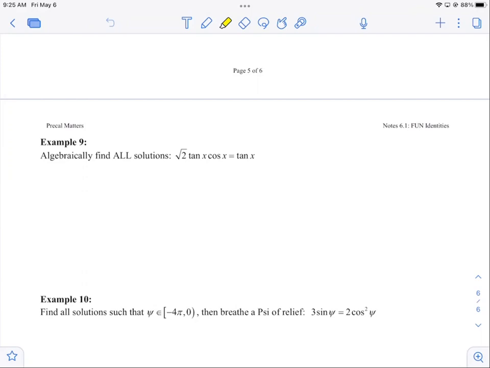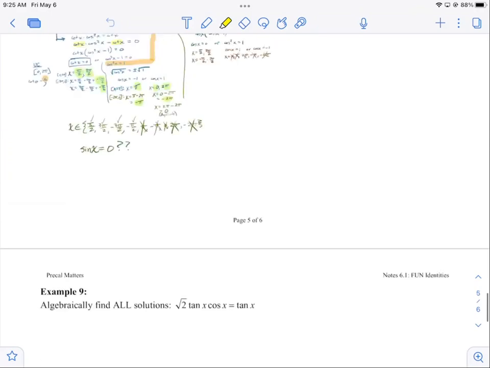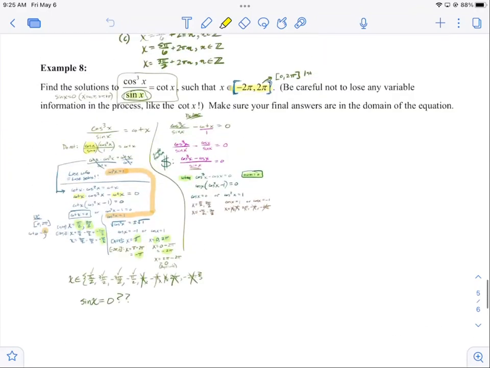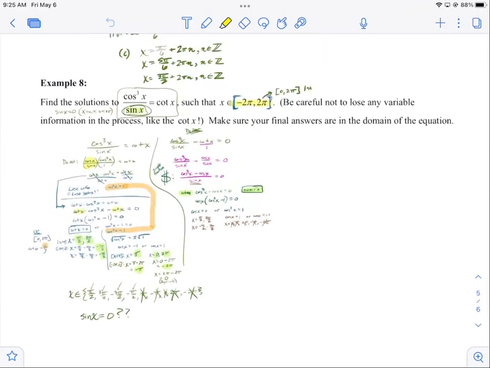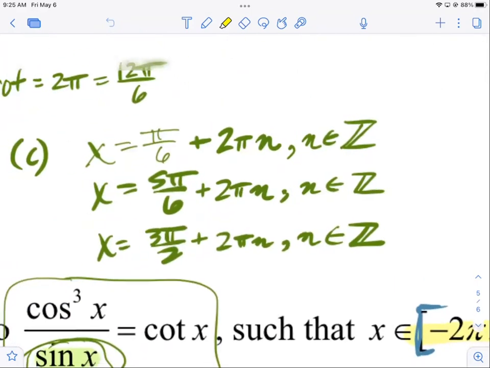Let's look at example 9. Algebraically find all solutions to this. When we say all solutions, that means, first of all, it's conditional. And the way that we're going to list all the solutions is going to be more like what we did up here, where we're going to find all of the ones in our comfort zone, which is between 0 and 2 pi.